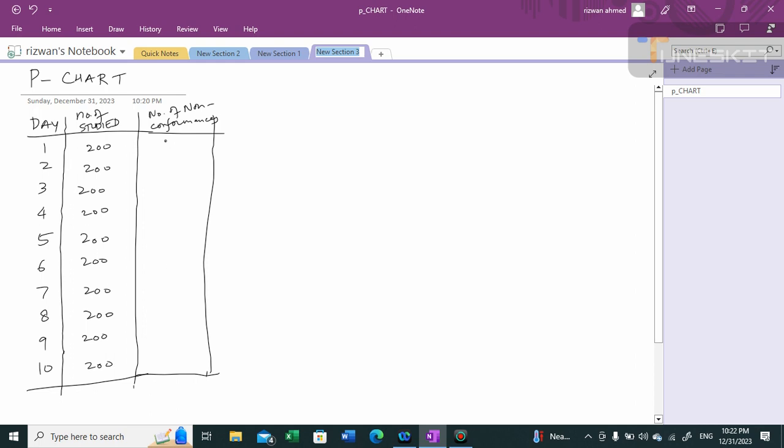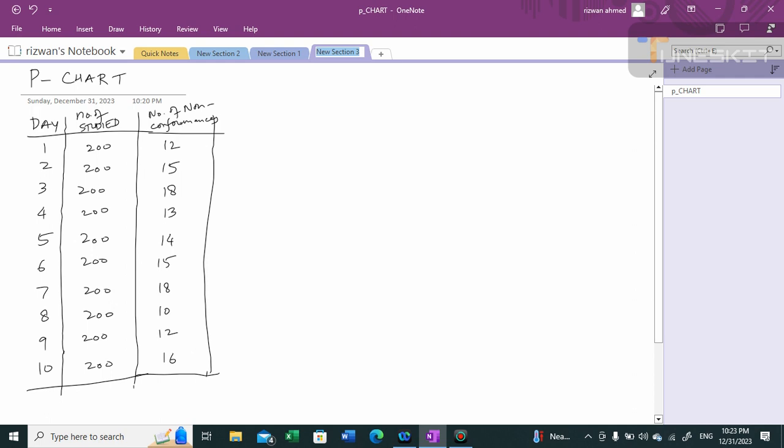Let's assume that on day 1 we found 12 rooms not ready, 15 on day 2, 18 on day 3, 13 on day 4, 14 on day 5, 15 on day 6, then 18 on day 7, then 10 on day 8, then 12 on day 9, and 16 on day 10.